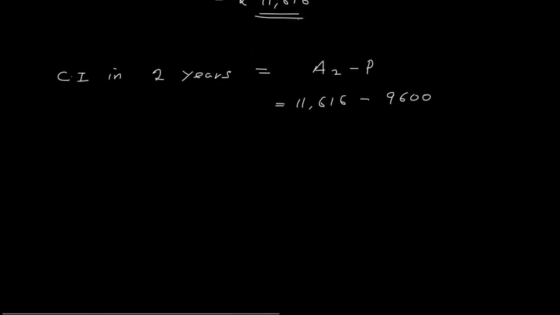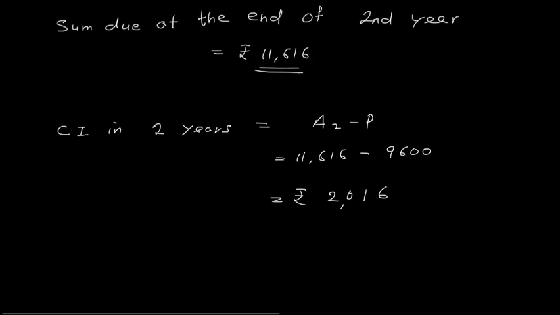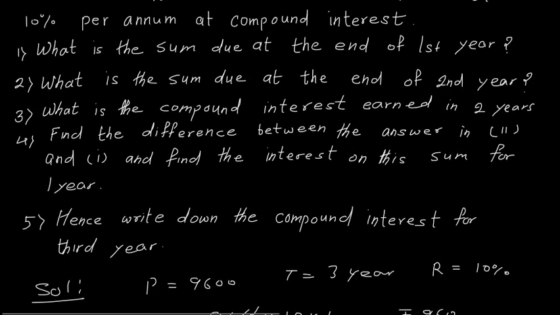So here we subtract. I will get 6 here. Then 1 minus 0 is 1. 6 minus 6 is 0. Then 11 minus 9, it is 2. So rupees 2016 is the compound interest in 2 years. So third question we have done.